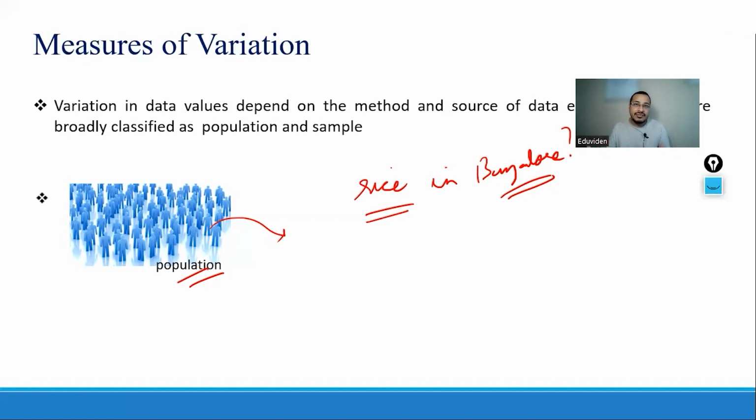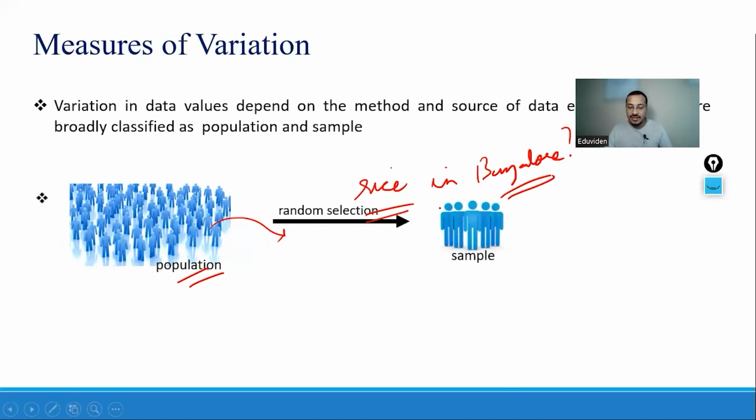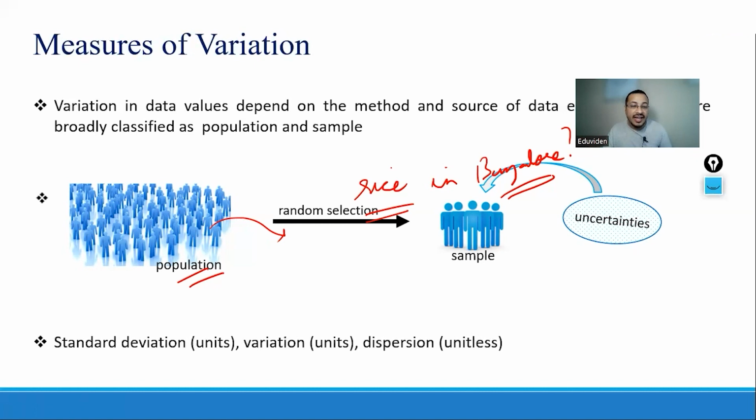We select randomly different points all across the city, but these samples will definitely have some uncertainties because you have not gone to each and every shop.